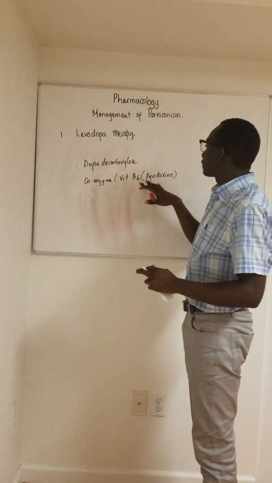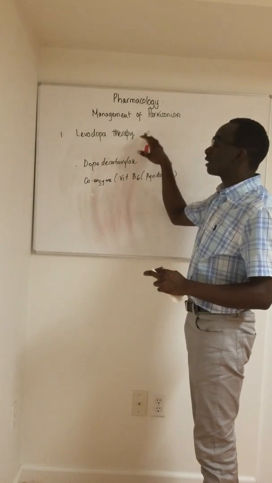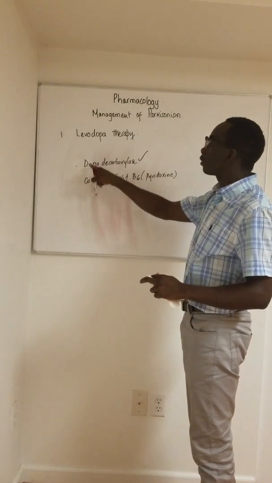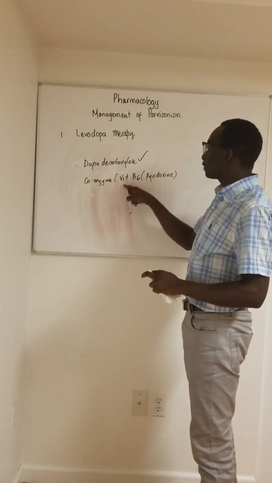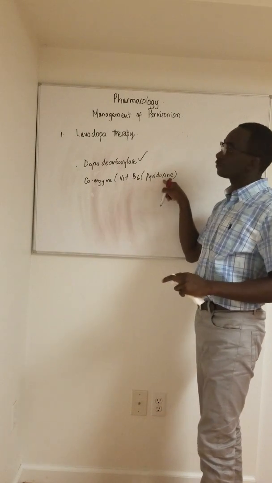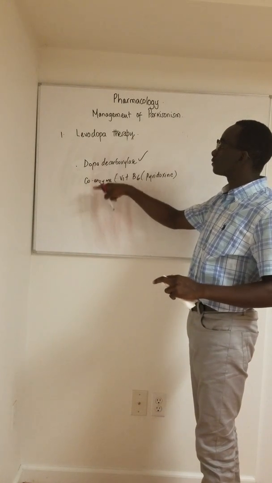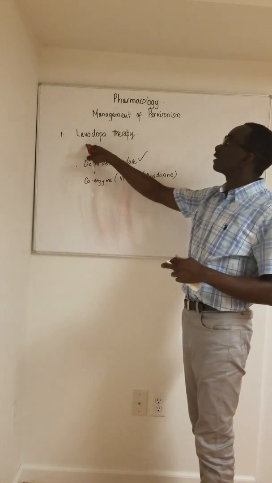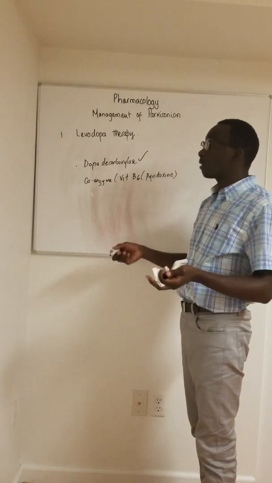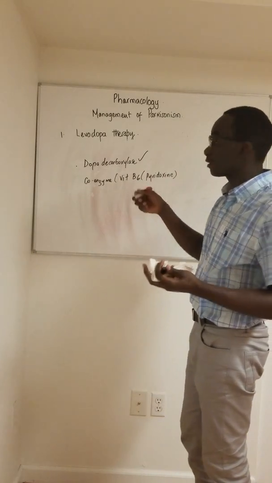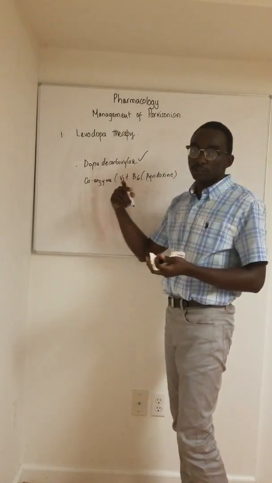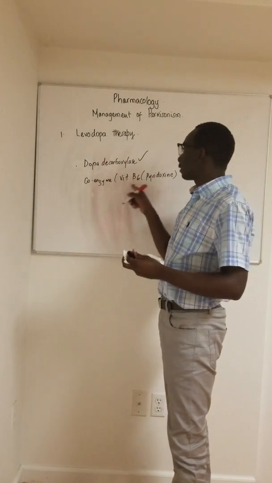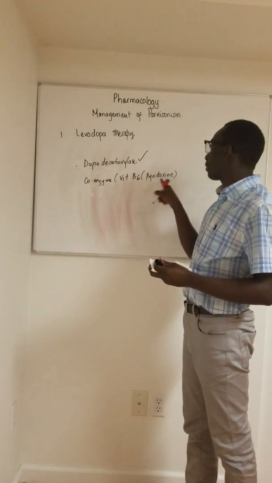So when you give pyridoxine together with levodopa, you're going to increase the metabolism of the levodopa, because this coenzyme, vitamin B6 or pyridoxine, is going to facilitate more of the breaking down of levodopa into dopamine in the periphery. So therefore, be cautious when you're giving a patient levodopa with any supplement that contains pyridoxine.